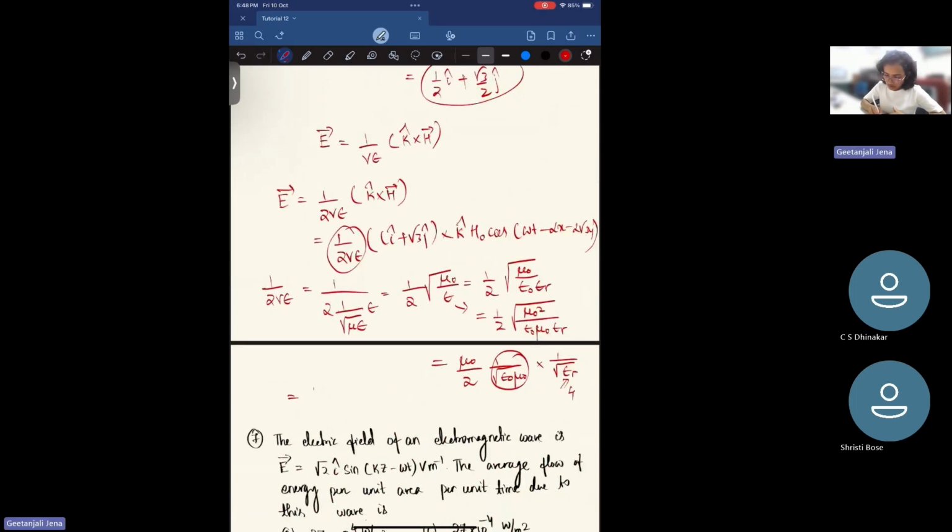So we will get 1 by 4 mu naught C, yes, mu naught C by 4.